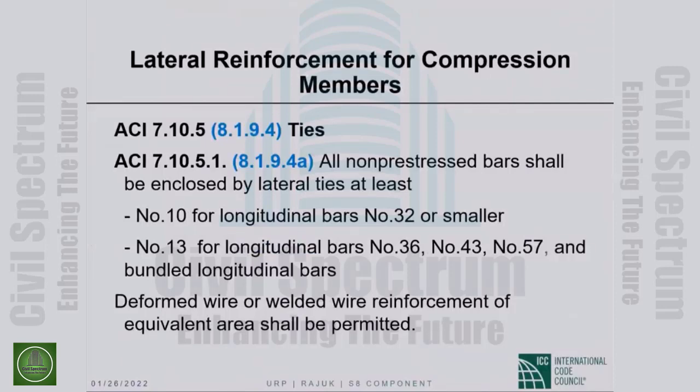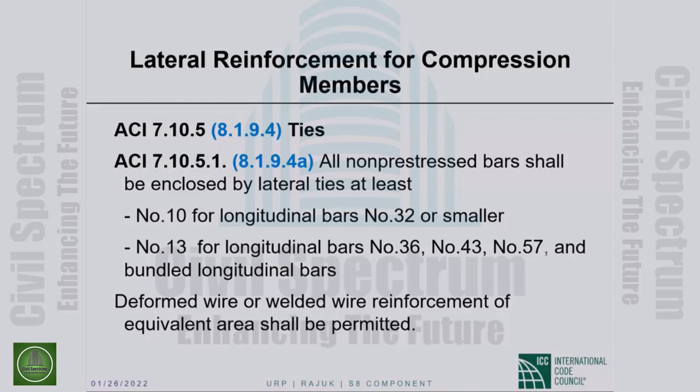So we are now talking about column ties. All non-pre-stressed bars shall be enclosed by lateral ties at least number 10 tie size for longitudinal bars number 32 or smaller, number 13.